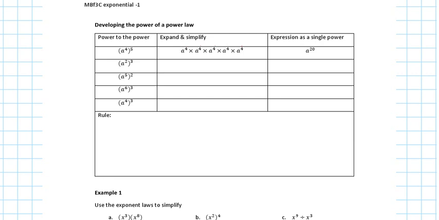Now, a to the power of 2 times a to the power of 2 times a to the power of 2. What is that? A to the power of 6. A to the power of 5 times a to the power of 5. What is that? A to the power of 10. Now, what are we doing here? Multiplying. That's right. We're multiplying the exponent. Okay? So whenever I have power to the power, I keep the base, nothing happens to the base, and then I multiply the exponent. Any questions about this?